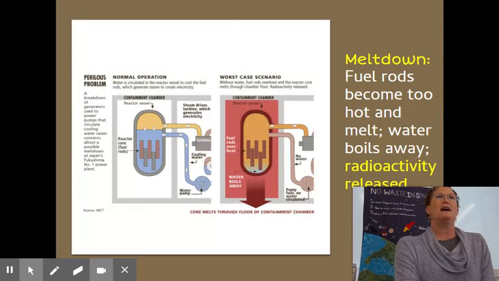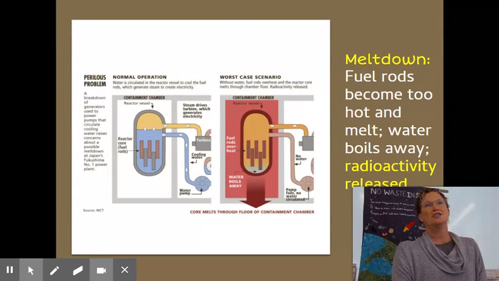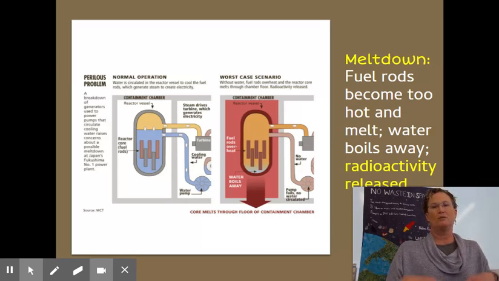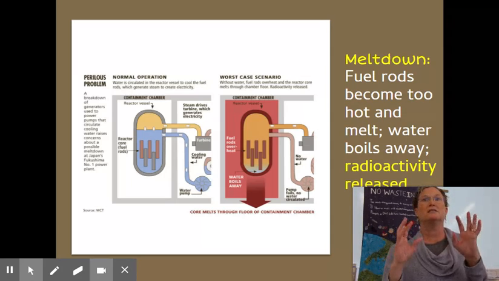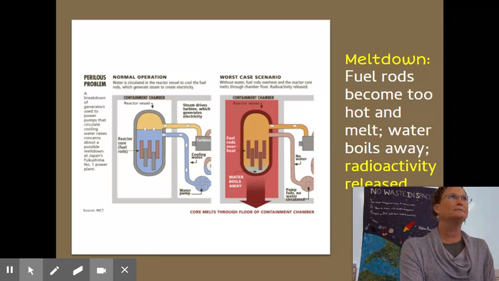So a meltdown happens when the fuel rod becomes too hot and it actually melts. The water boils away and radioactivity is released. So that's the worst thing that can happen in a nuclear reactor, is that you can have a meltdown. And when we talk about meltdown, it's not just like melting ice, it's melting metal. This gets crazy hot, all right?